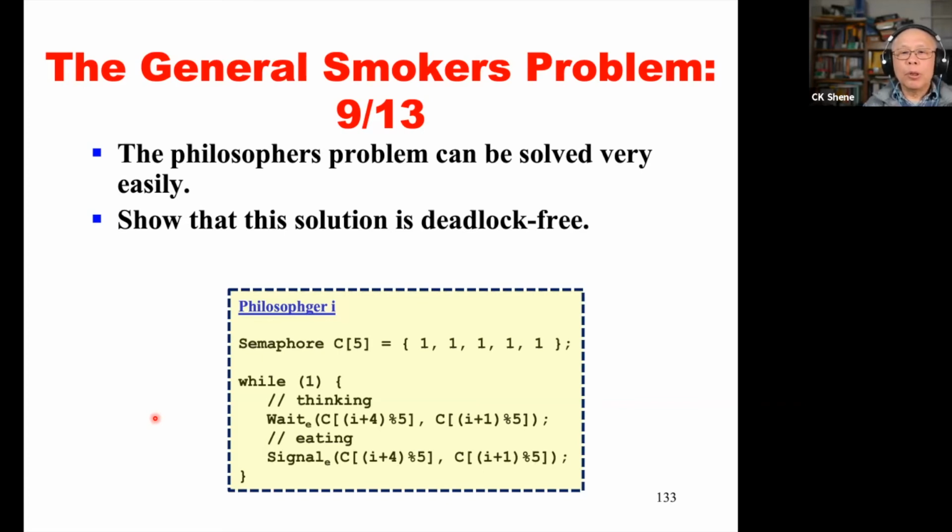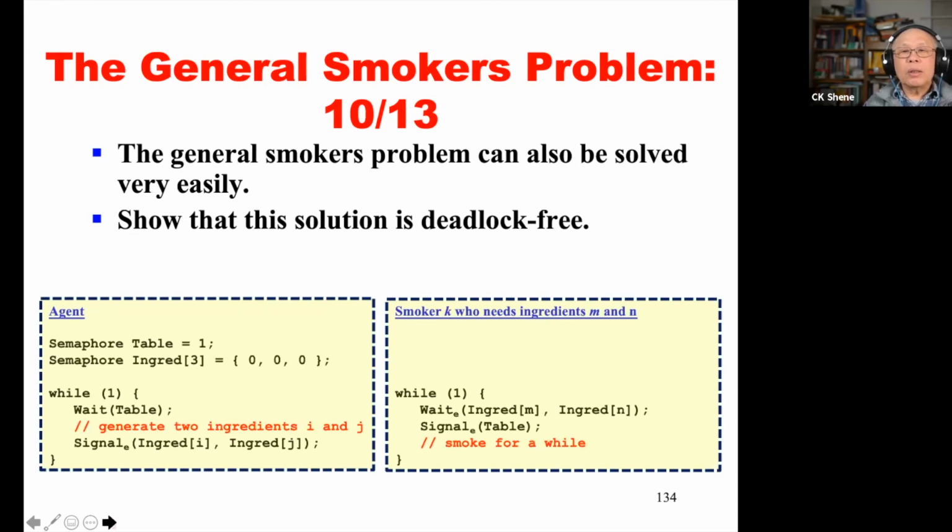But for some reason, Dijkstra rejected this parallel wait. Instead, he continued to use his own signal and wait in his very well-known early operating system called THE. You will probably learn something about the THE system in an operating systems course.